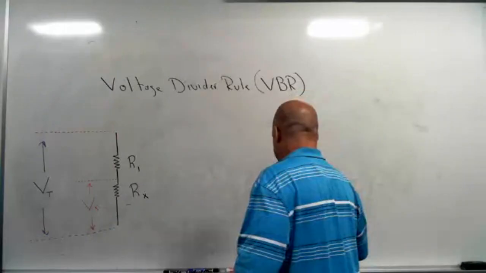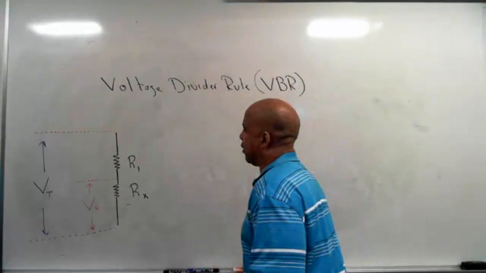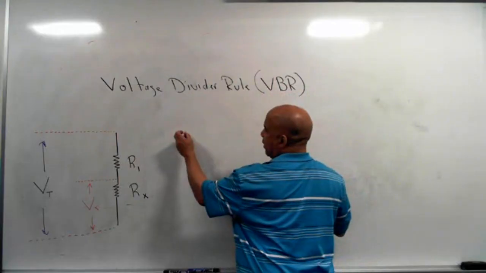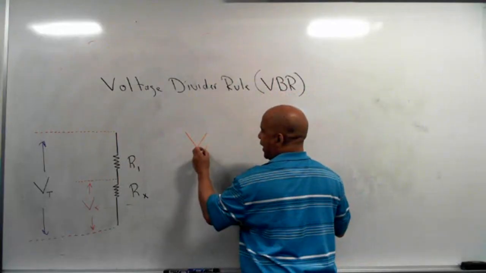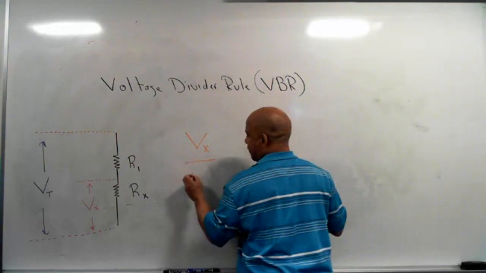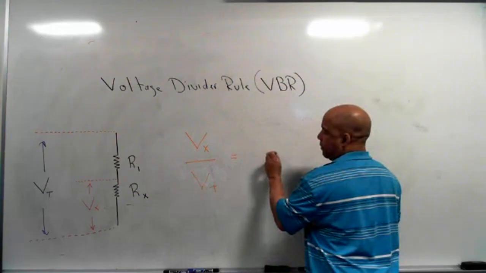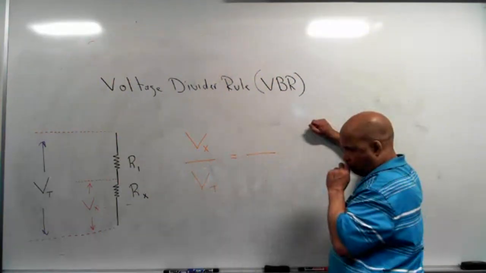You can say, all right, I'm going to take the ratio of Vx to Vt, and that should equal the ratio of what? You tell me how to finish this.